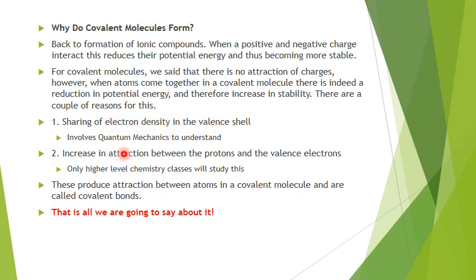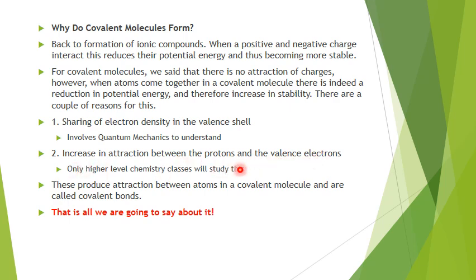Okay. Another reason why it lowers the potential energy is that when the valence electrons bond, when they come in contact with another atom, the protons and electrons get closer, and again, that's going to make the electrons more stable.